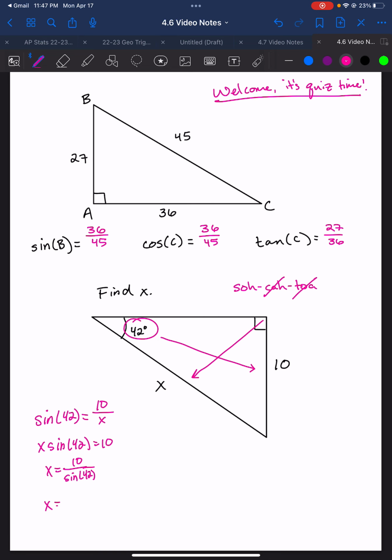And I get that x equals 10 over 0.669, which when I divide 0.669 into my 10, I'm going to move that decimal over. Remembering that we like to round to 3 decimal places.